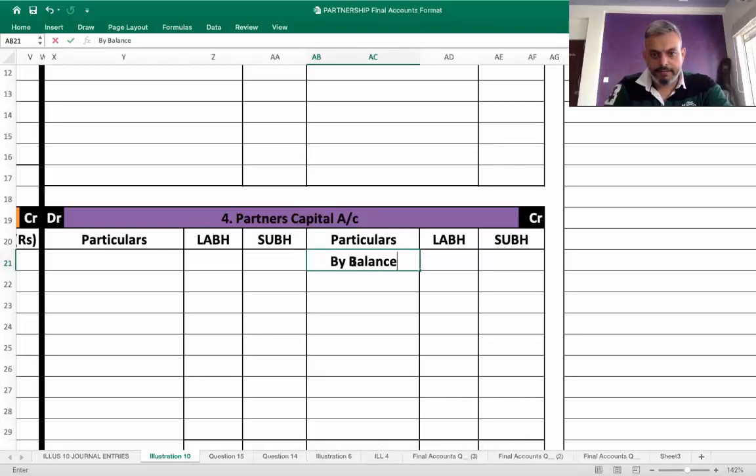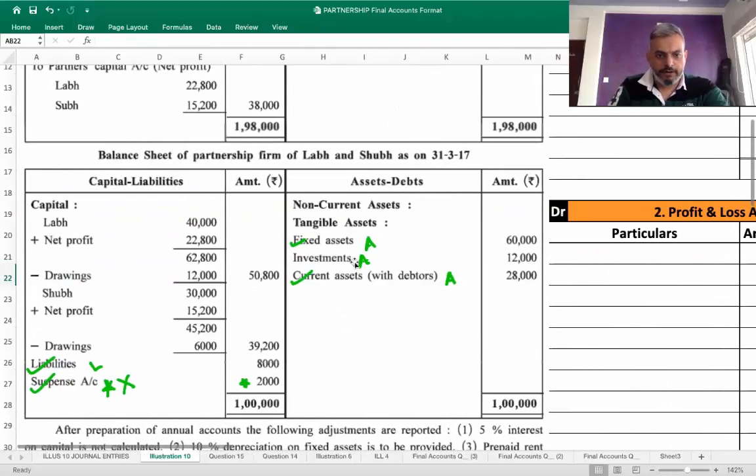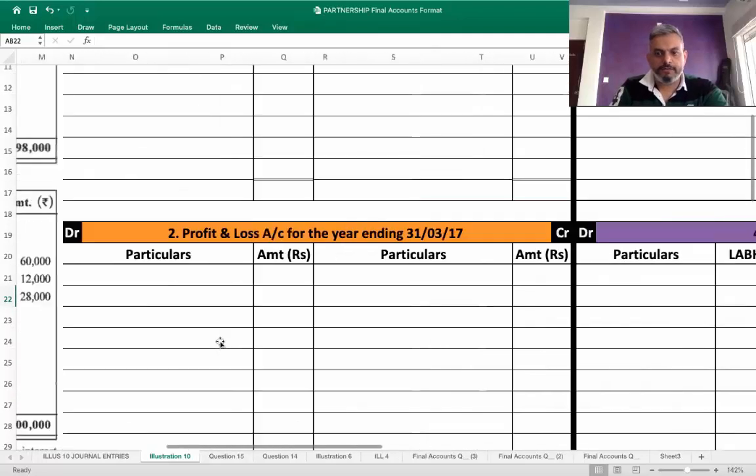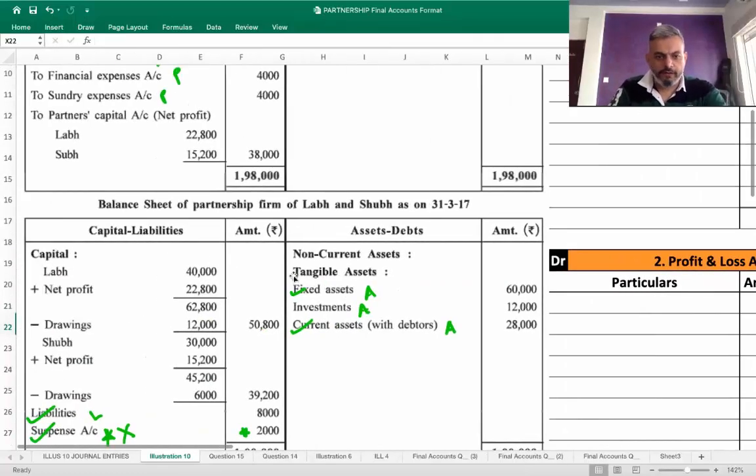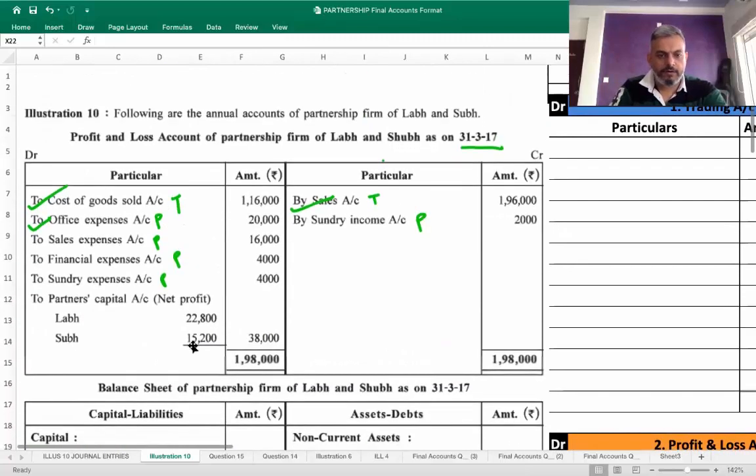By balance brought forward, 40,000, 30,000. Then drawings. Let's write drawings 12,000 and 6,000. Drawing is also done.